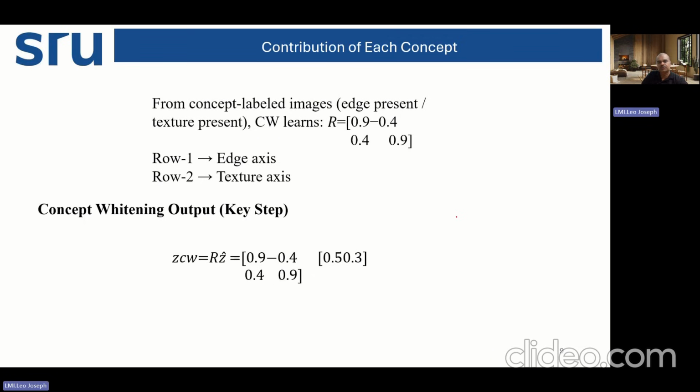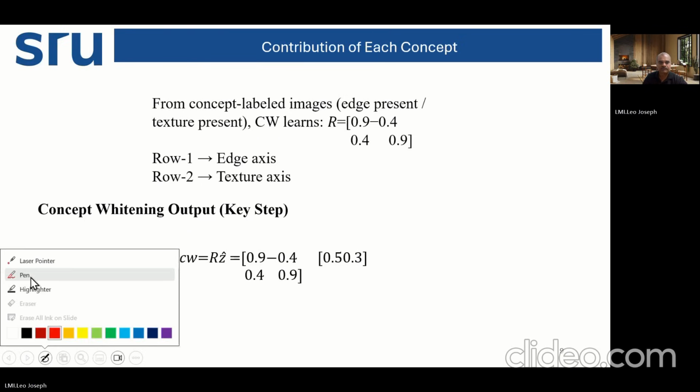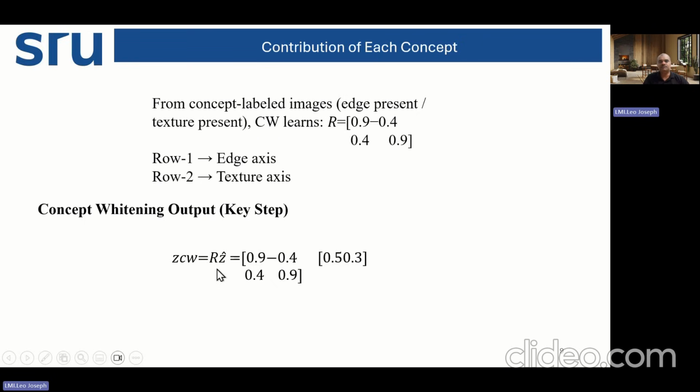Next, I am going to do the concept whitening approach. Here you can see R into Z complement. That means R is nothing but 0.9, minus 0.4, 0.4, 0.9, into this Z complement, which is 0.5 and 0.3. 0.5 means, for understanding the edge axis, it gained the weight of 0.5.